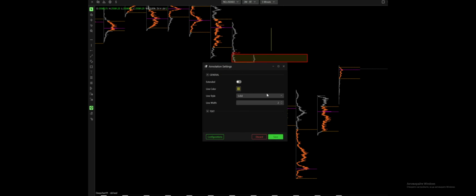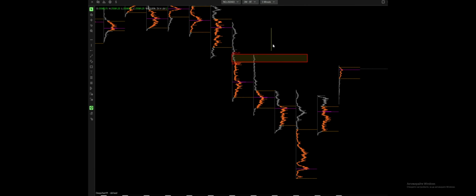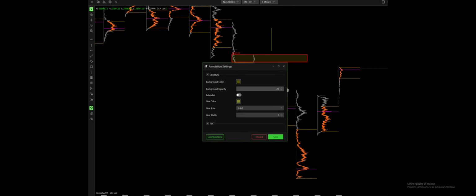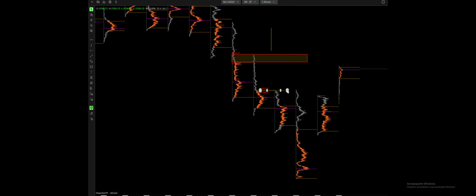Amazing rejection of the profile from the top. And from this level, they started to collapse. So you had 3 directional days. And it's incredible to see that the 3 directional days always reloaded at the value area top of the cash session. Look at this. Can you see it?